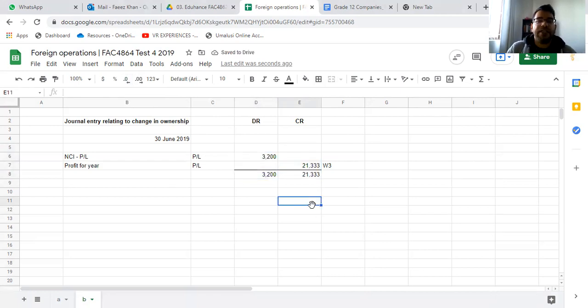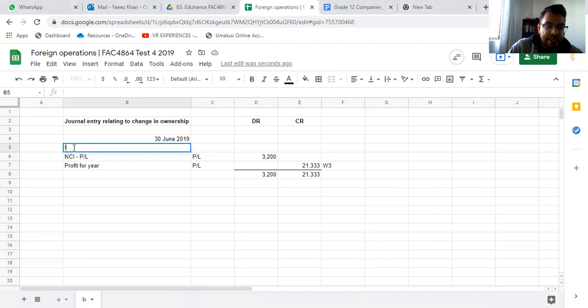Well, because we are dealing with a change in ownership and a loss of subsidiary, we will take it to the investment account. So the investment account in this scenario was called investment in endgame. So we will take it to investment in endgame, and this is a statement of financial position balance.